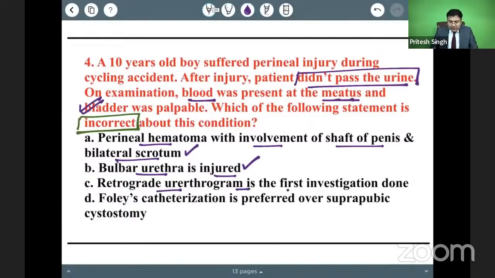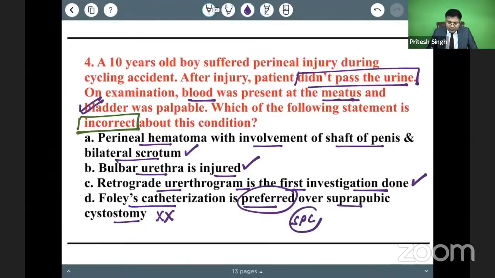Retrograde urethrogram is the first investigation done. Correct. Foley's catheterization is preferred over suprapubic cystostomy. It is not preferred. The gold standard method of urinary diversion is SPC. Foley's catheterization is done only where we suspect a partial tear. So the correct answer for this question is D.